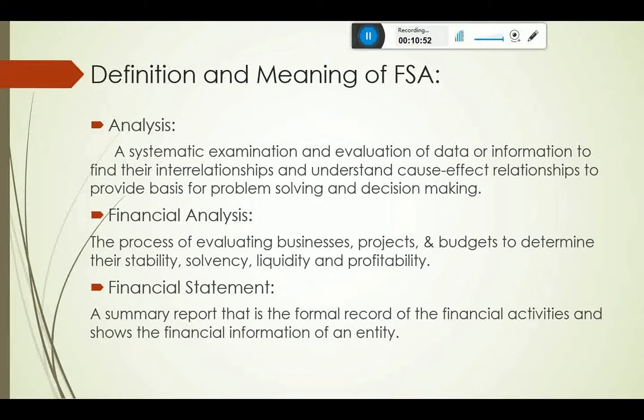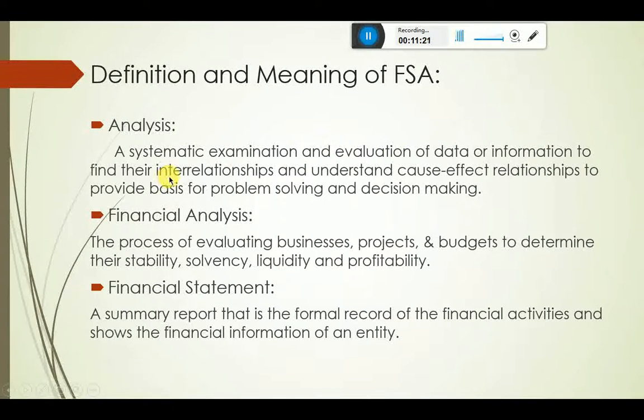So once again, I'll go through the definition and divide it into parts so you can understand. Analysis is a process. What type of process? A systematic process. What do we do in the systematic process? We examine, meaning check, and evaluate, meaning compare, right? What data or information? Why do we examine and evaluate the data or information?